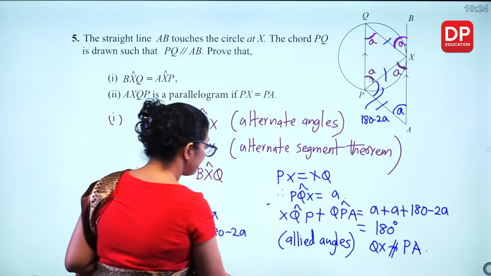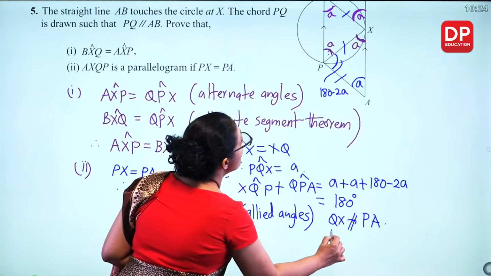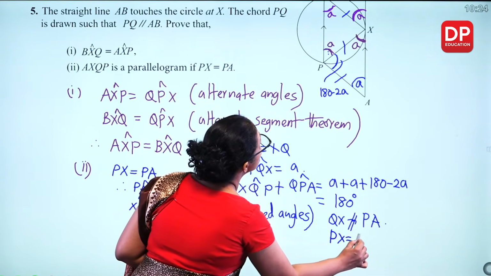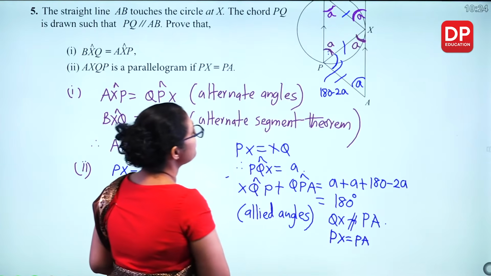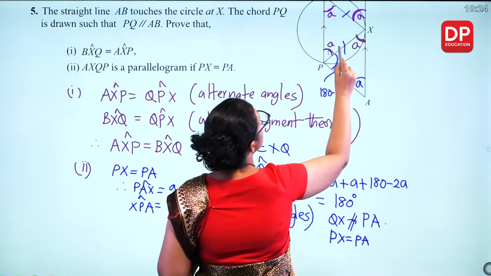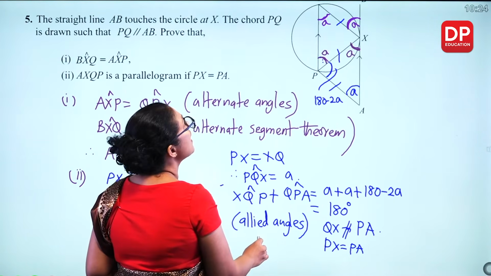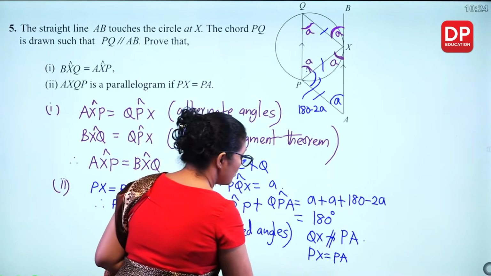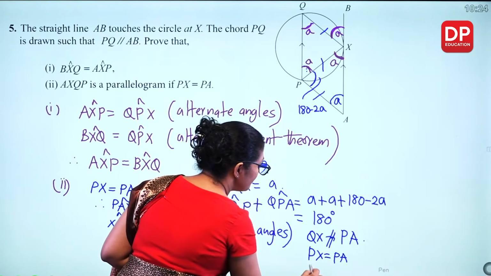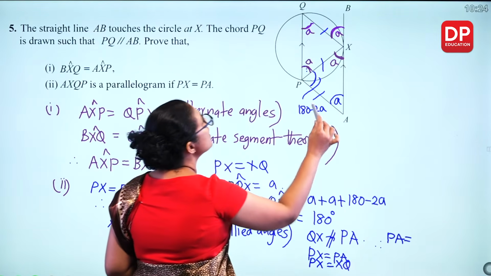And also, given that PX is equal to PA, and PX is equal to XQ. Therefore, PA equals XQ.